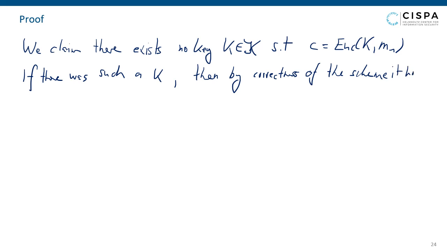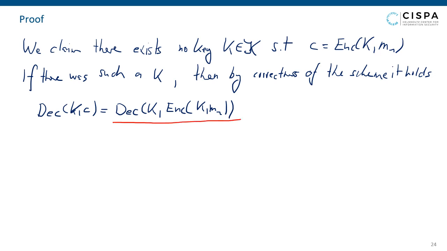it holds. Well, what does correctness say? Correctness says that, well, let's try to decrypt this ciphertext C, but now we assumed that C is an encryption of M1. This would be decryption of encryption of M1, and correctness of an encryption scheme tells us that this expression is just M1.